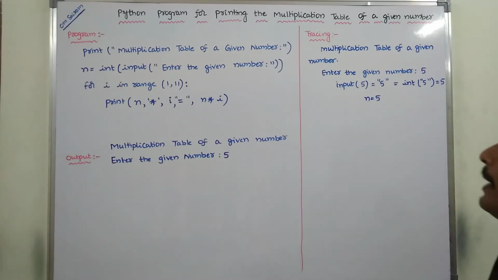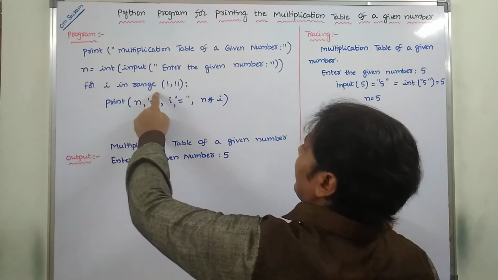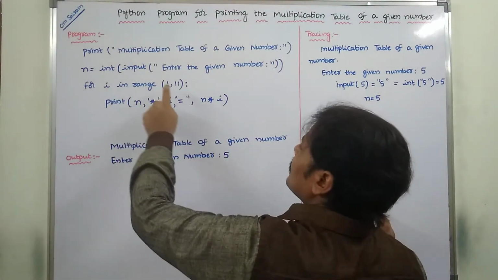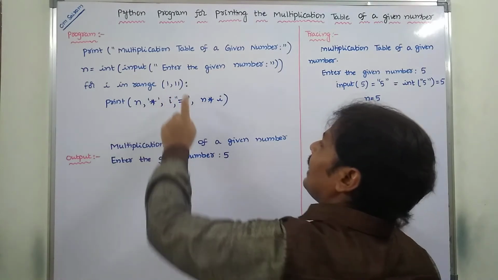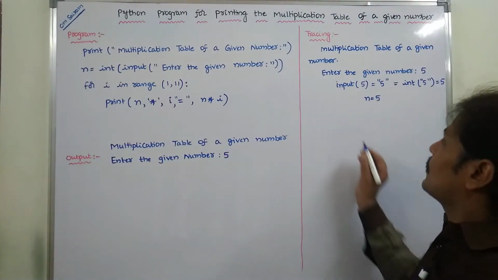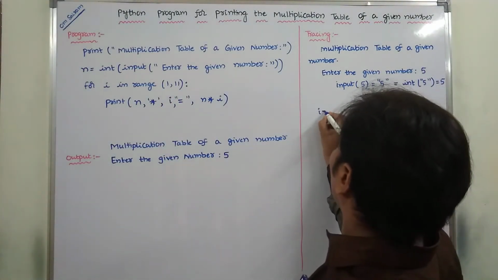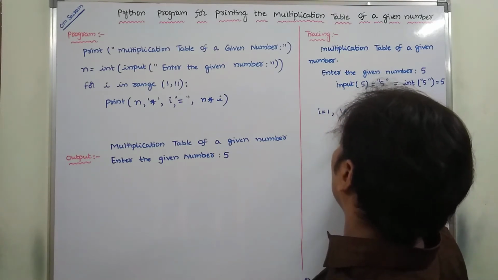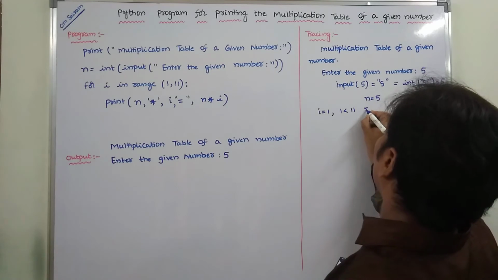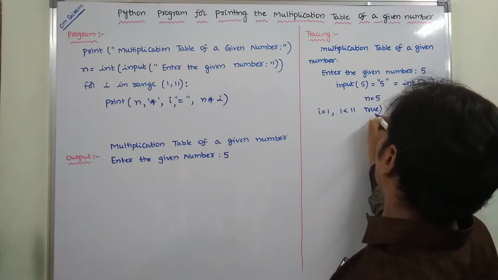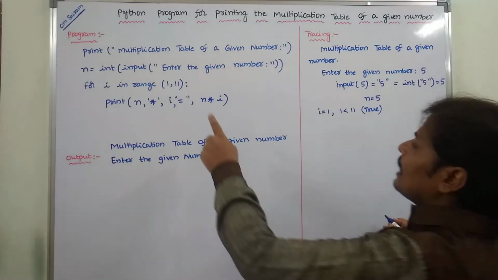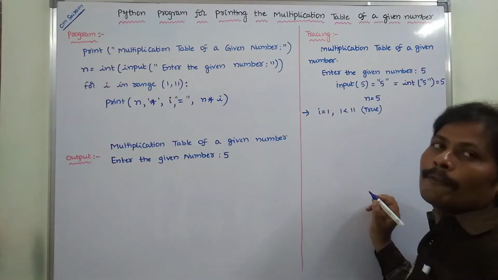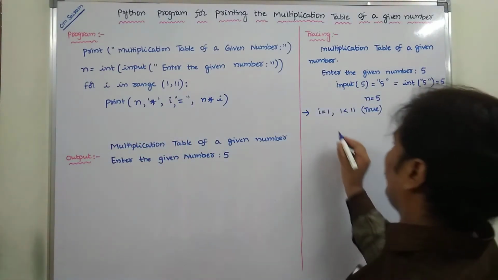Next, for I in range 1, 11, so the I value starts with 1 and ends before 11. Now I is equal to 1. 1 less than 11, the condition is true. If the condition is true, then the statement within the body of the for loop is executed.